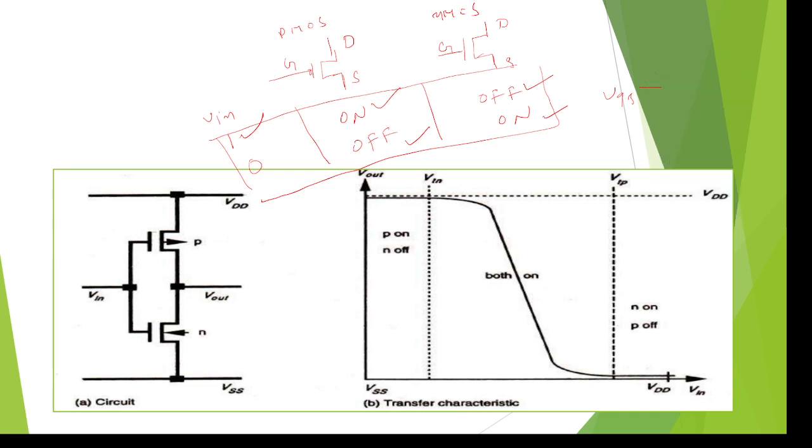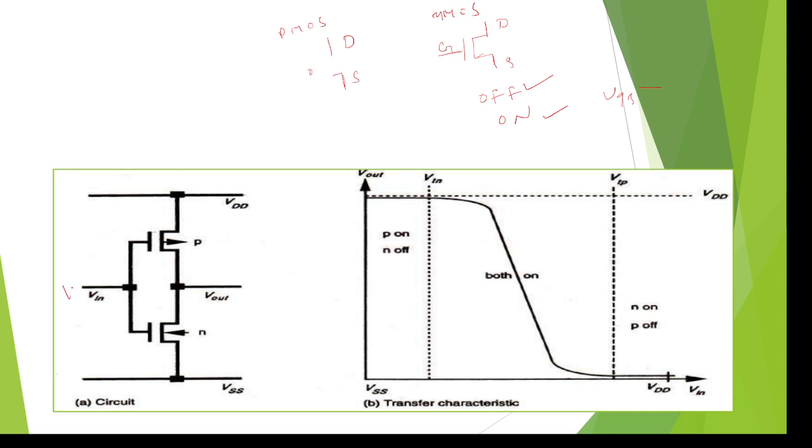So these are the conditions. And coming to the operation, I will check it here. For the CMOS inverter, while giving 1 we need to get 0.